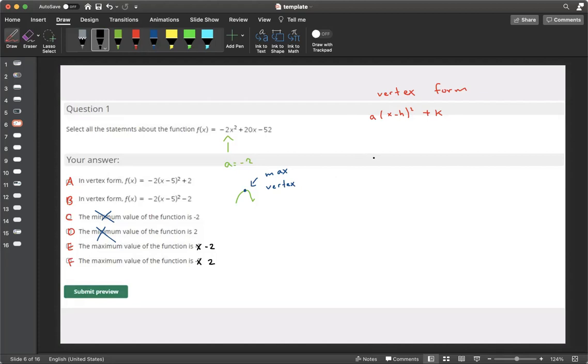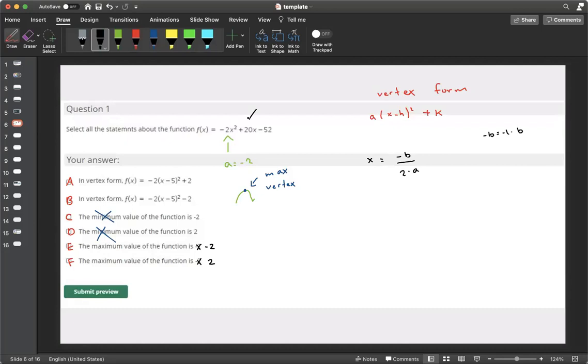Step two, we are going to go from standard to vertex form. And we have our formula -b divided by 2 times a. That -b, when you see -b, I want you to think -1 times a b value.